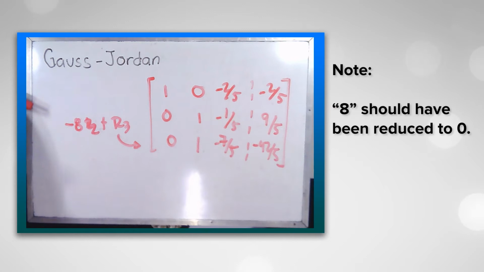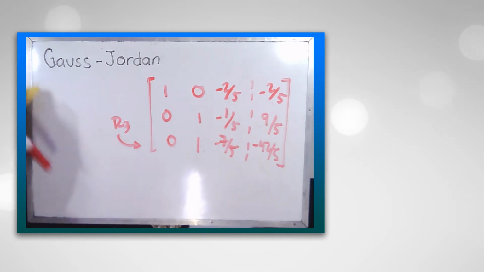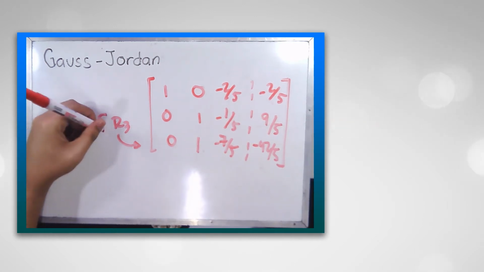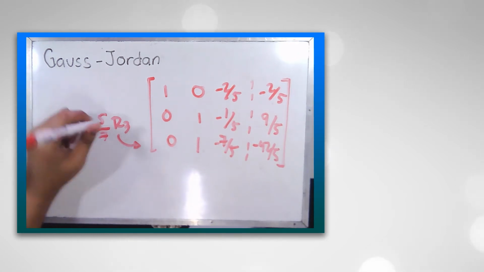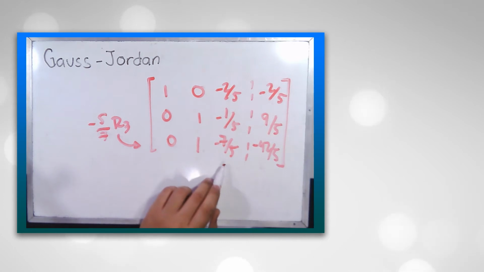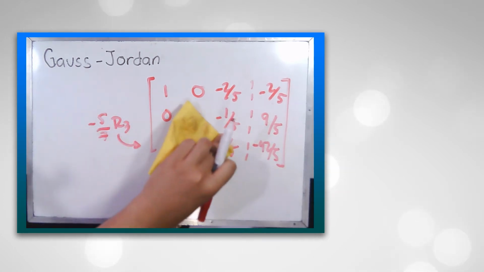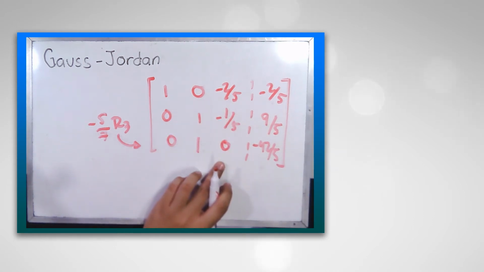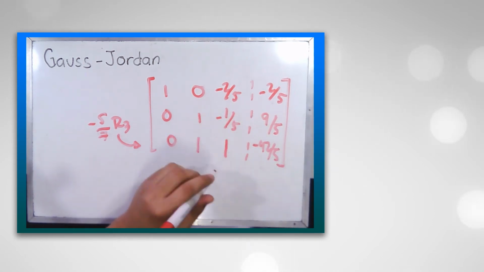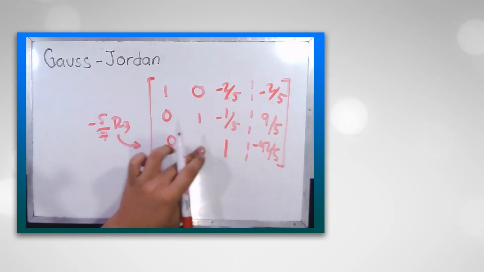So multiplying third row by negative 5 over 7, we will be getting the reduction for this one, or rather we'll get this to 1, sorry. And then this is already reduced to 0.